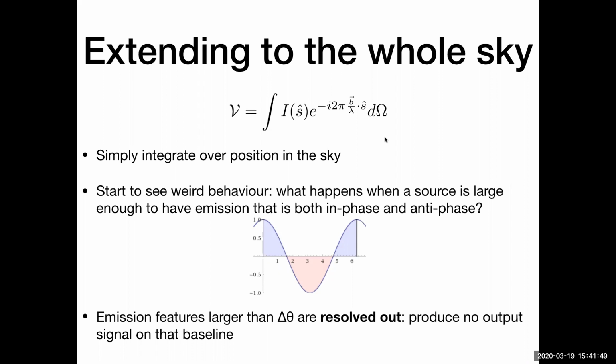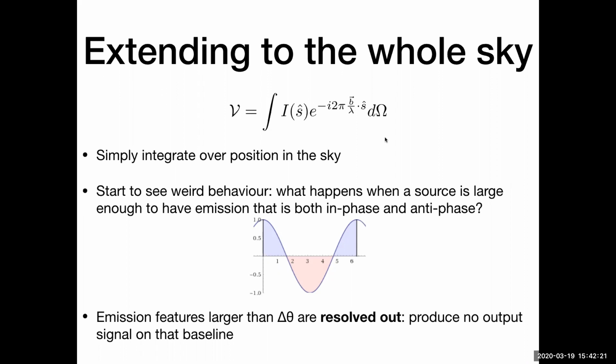And so the net effect is that if you have emission that is broad enough that it covers one full cycle of phase difference, it just cancels out to 0 in this integral. And so you get no net signal in your interferometer response. Anything that is that size or larger vanishes effectively. Anything that's large, you don't get signal from, or the signal is mostly canceled out.